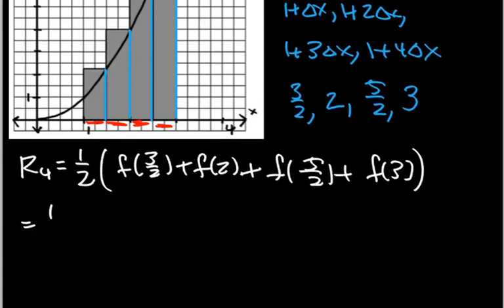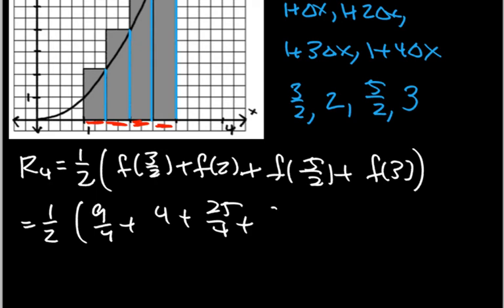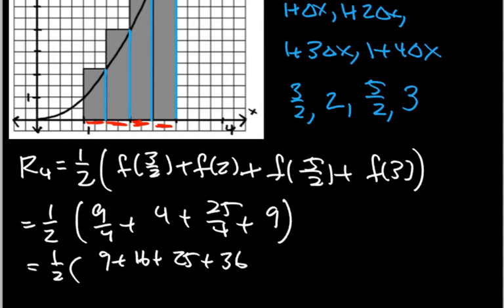Alright, and then simplifying that, we get 9 over 4 plus 4 plus 25 over 4 plus 9. And then just getting common denominator, we got 9 plus 16 plus 25 plus, let's see, 9 times 4 is 36. And then we got that all over 4.